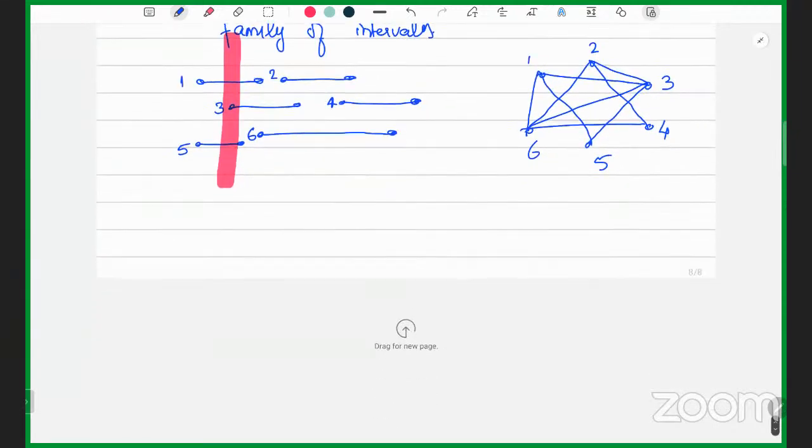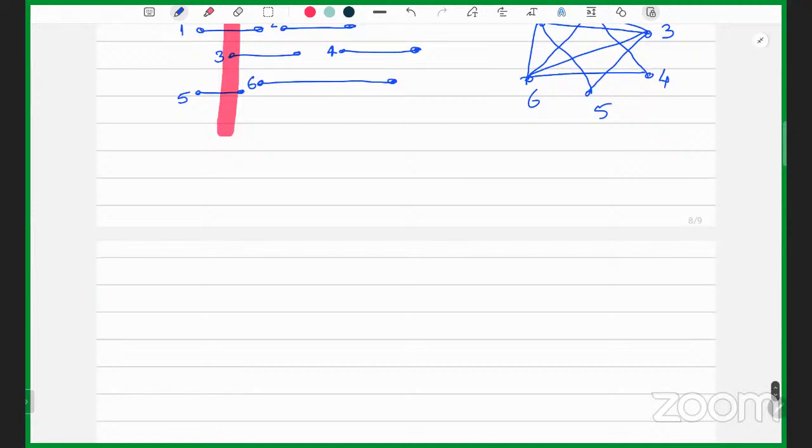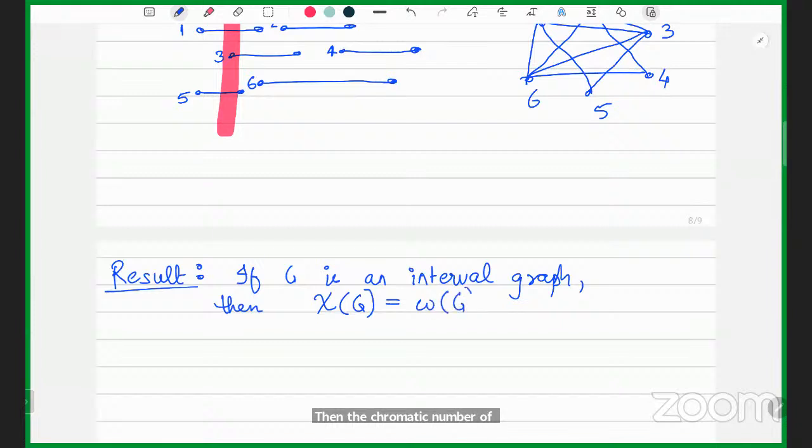And with this, I have my next result, which says that if G is an interval graph, then the chromatic number of G is exactly equal to the clique size. The chromatic number cannot be larger than the clique size.